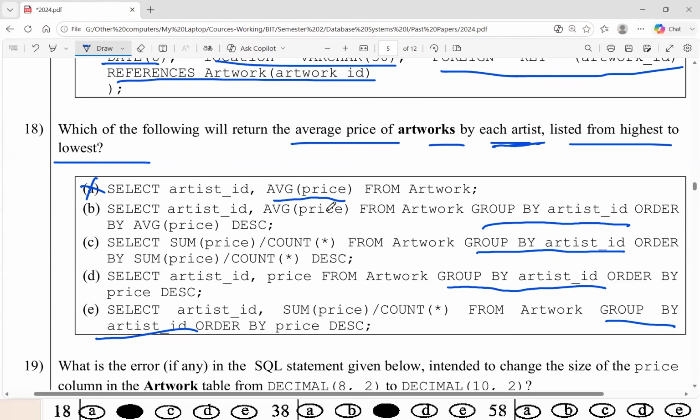AVG price. Do we have AVG price here? Select artist ID, price. No. That doesn't work. You need to calculate the average price. Here you get the sum and divide by count. Even sum divided by count gives the average price.